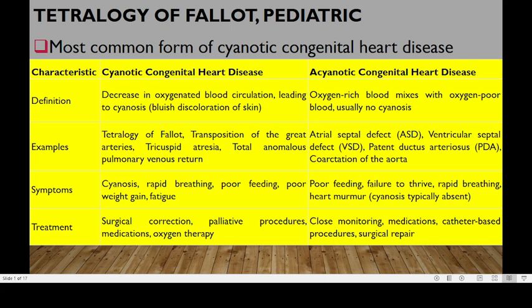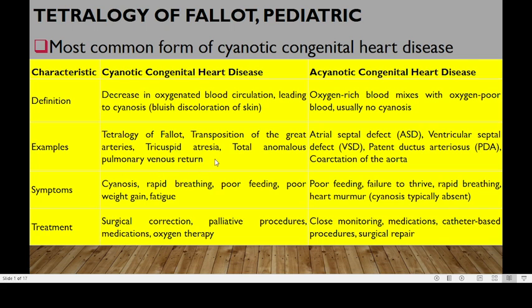Acyanotic, on the other hand, is a situation where oxygen-rich blood will mix with oxygen-poor blood, so you find that cyanosis may not be as apparent. Examples of cyanotic conditions, where there is decreased oxygenated blood circulation, include the one we are going to focus on today, the Tetralogy of Fallot, along with transposition of the great arteries, tricuspid atresia, and total anomalous pulmonary venous return.